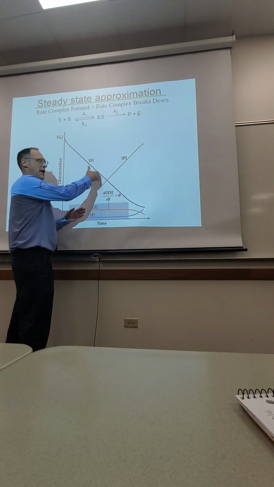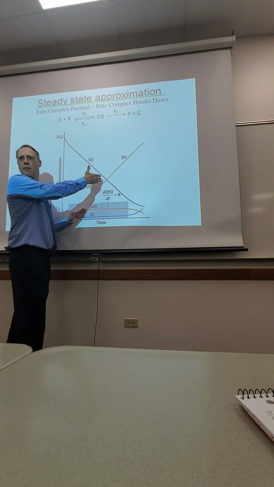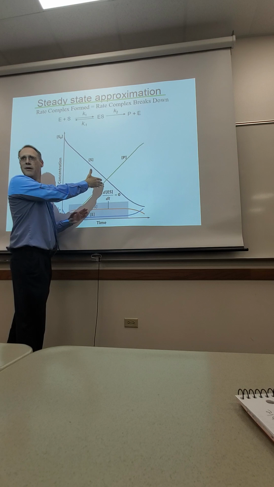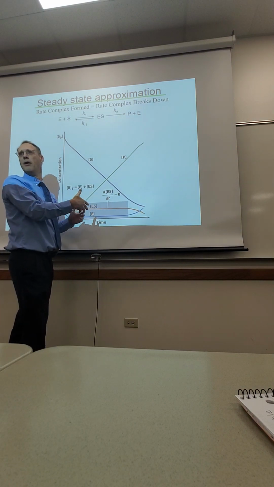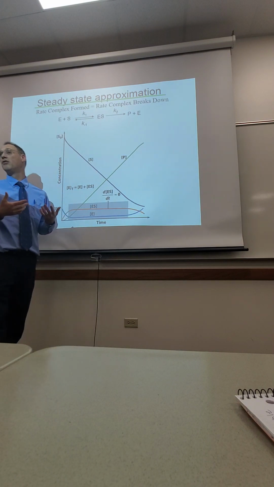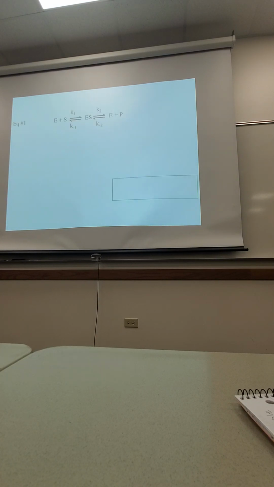We'll take it before we have a substantial amount of product. So that won't matter, which also means that we're taking it before we ran out of substrate. Okay, so it's K2 and K negative 2, equaling the K1. That's the steady state zone. That's really what steady state's talking about, and that's done early on, okay?